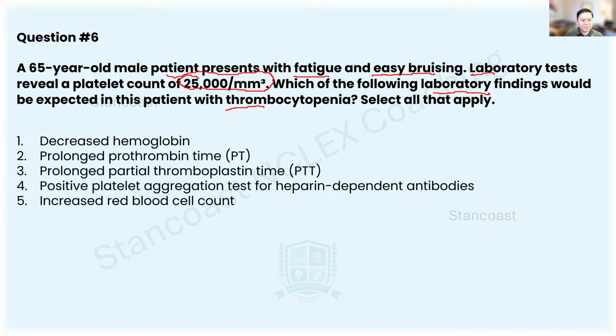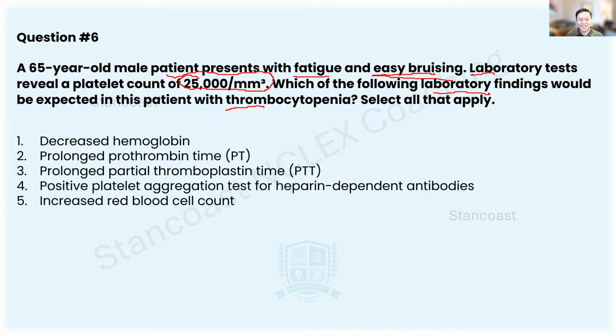Guys, there is already easy bruising. That's already a sign of bleeding. So don't neglect looking into the entirety of the lab test. Your complete blood count, you should look into the red blood cell count, the hemoglobin, the hematocrit, and also the platelet count. So do not neglect the hemoglobin.